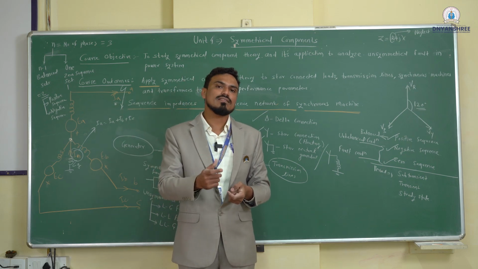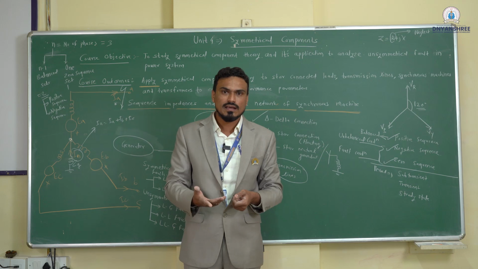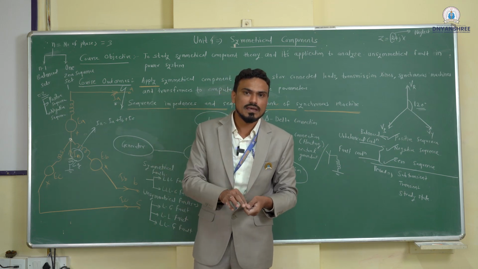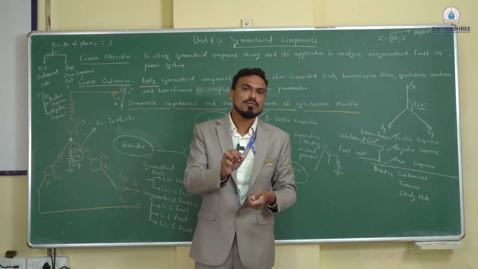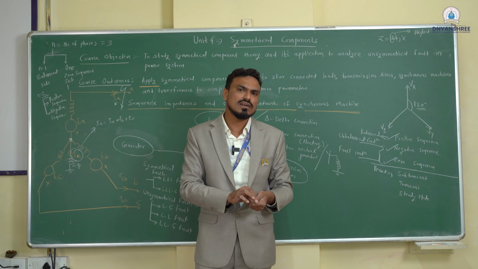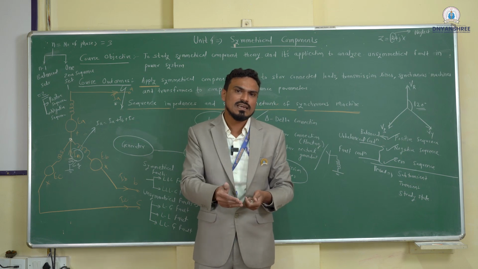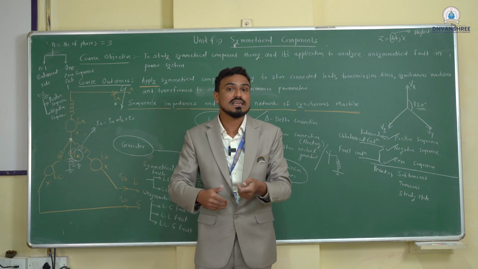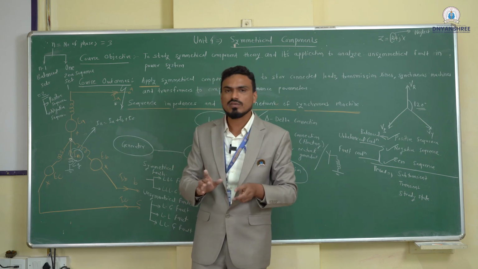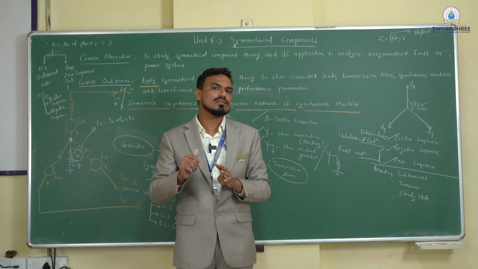If the generator has phase sequence RYB, the negative sequence will be RBY, or if the phase sequence is ABC, then it will be ACB. So the phase sequence is differing, and it is very important to understand this theory.